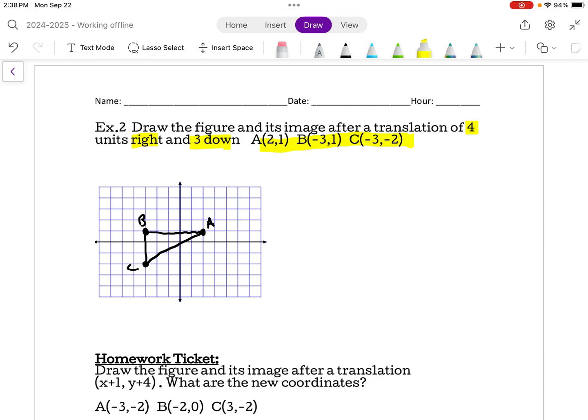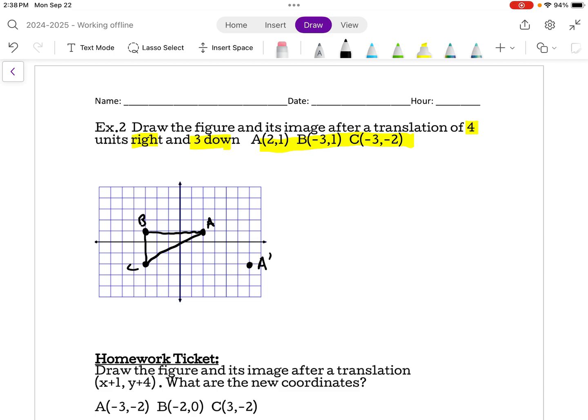So I could do this a couple ways. I could just look at the points that I have highlighted and add 4 to the x value and subtract 3 from the y value, because the right is addition and then down would be subtraction. Or I could just take the figure that I've just graphed, A, B, and C, and just move each point 4 units right and 3 down. And I think that's what I'm going to do with this. So I look at A, 1, 2, 3, 4 units right, 3 down.